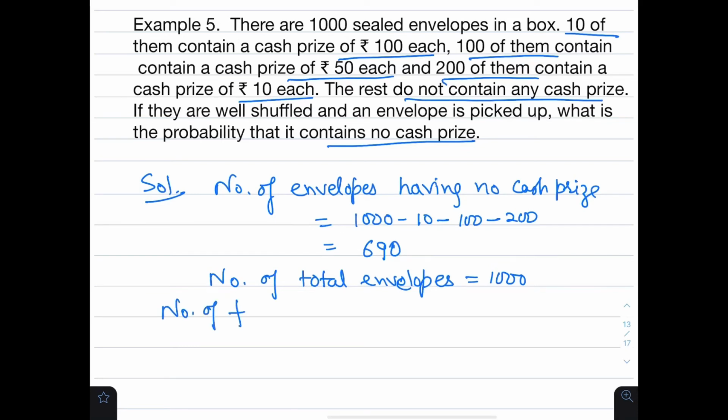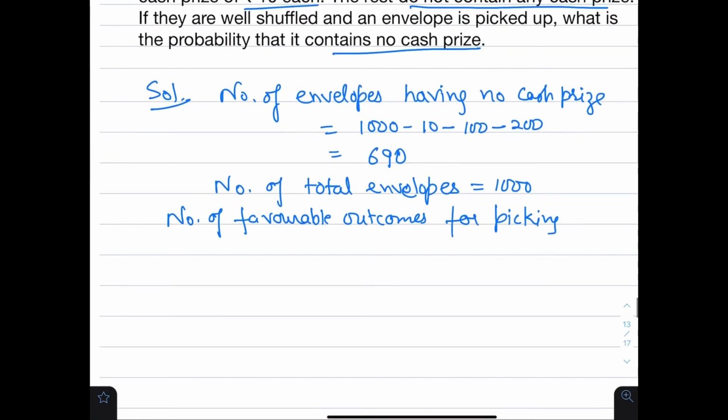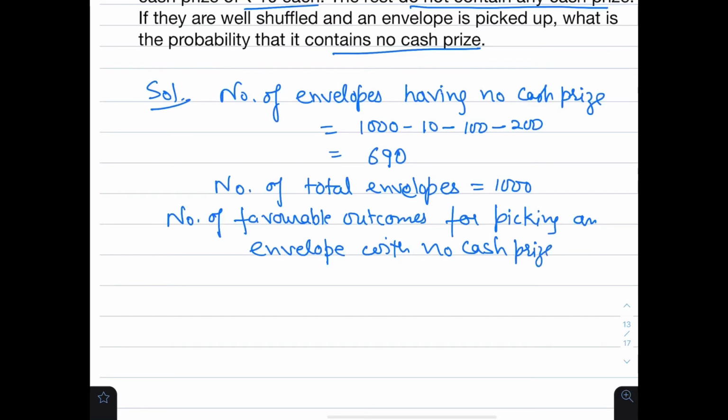Number of favorable outcomes for picking an envelope with no cash prize equal to 690.